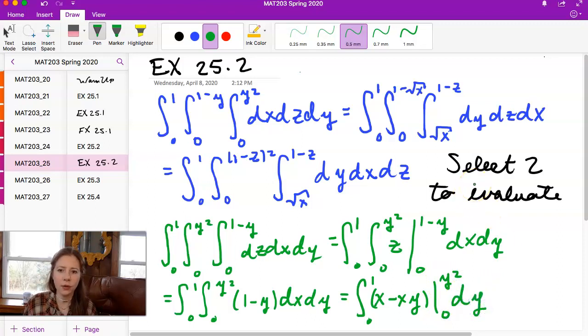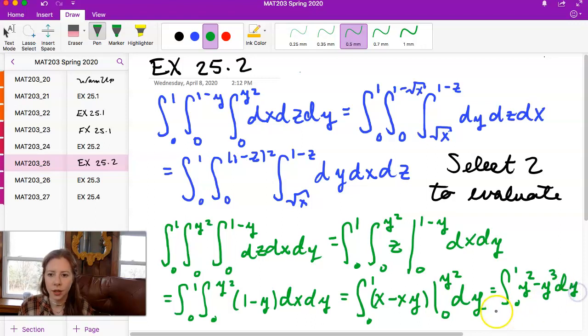And so if we plug that in, we end up with the integral from 0 to 1 of y squared minus y cubed dy, which is going to be y cubed over 3 minus y to the 4th over 4 from 0 to 1.